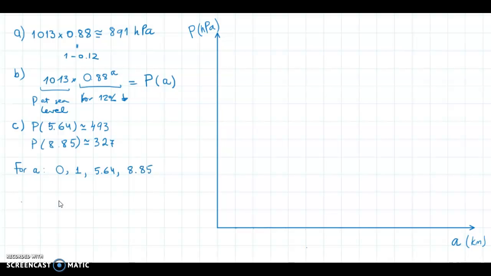Okay, just thinking about the space I have over here, I'm going to make 1 square correspond to 1 kilometer, and I'm going to be using most of my axes. So 1, 2, 3, 4, 5, 6, 7, 8, 9. That means my graph is going to end at about 9, almost.